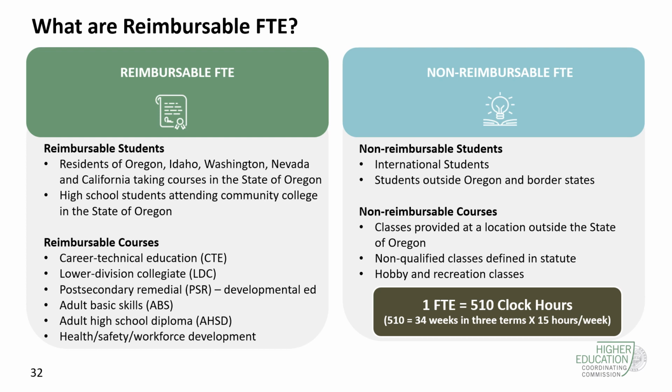That's simply 34 weeks for 3 terms times 15 hours per week, which is considered full-time. And that's where we get 510 from. But essentially 1 FTE equals 510 clock hours. And we use clock hours, of course, because of credit and non-credit coursework.